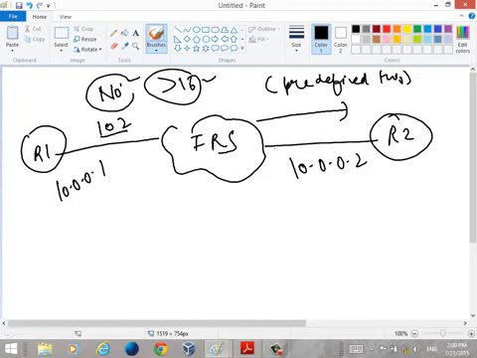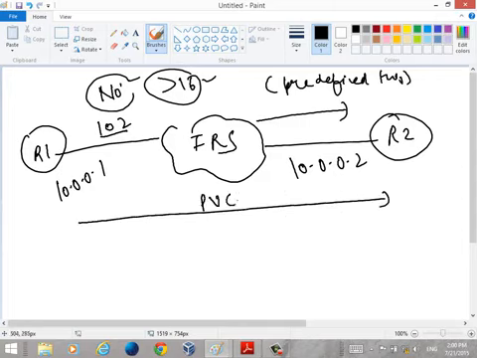Now this thing is creating a path from R1 to R2. This path is called PVC, permanent virtual circuit.